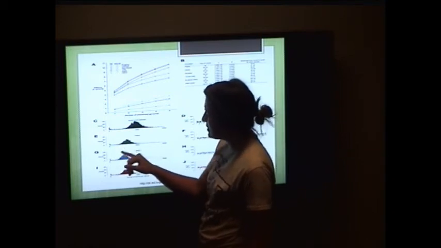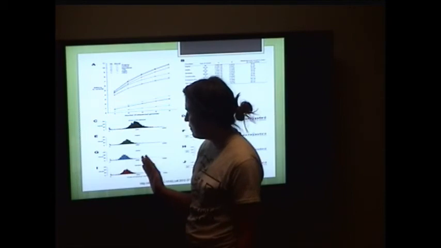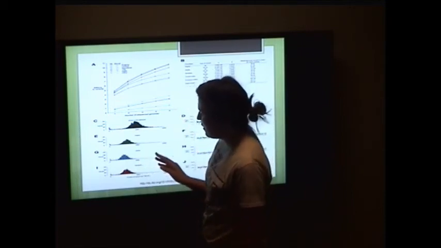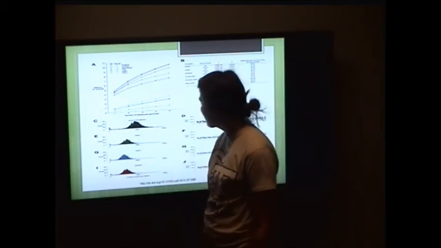And basically what's happening here is they're shifting to a new trait that is better for them to adapt to their environment. And this shows directional selection caused by natural selection.